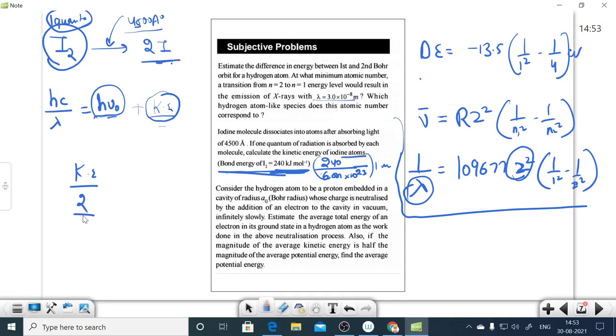Now consider the hydrogen atom to be a proton embedded in a cavity of radius A0, the Bohr radius. It's pretty easy. Its charge is neutralized by the addition of an electron to the cavity in vacuum infinitely slowly. Estimate the average total energy of an electron in its ground state in a hydrogen atom as the work done in the above neutralization process.